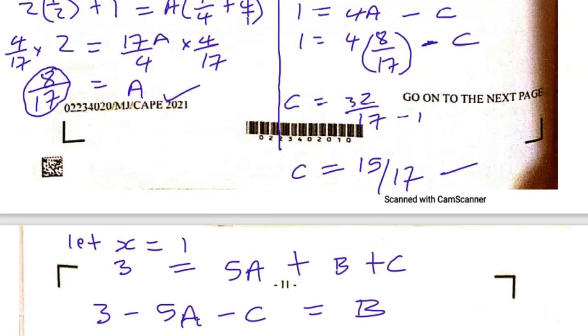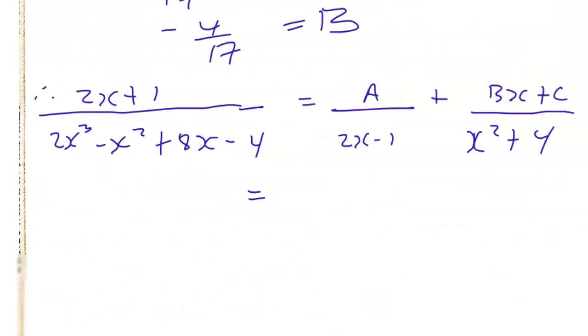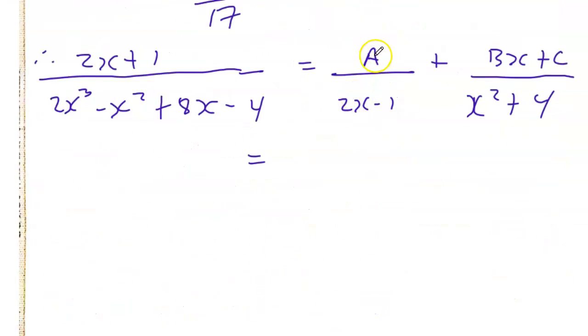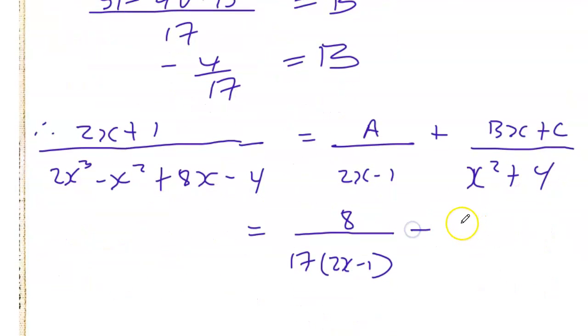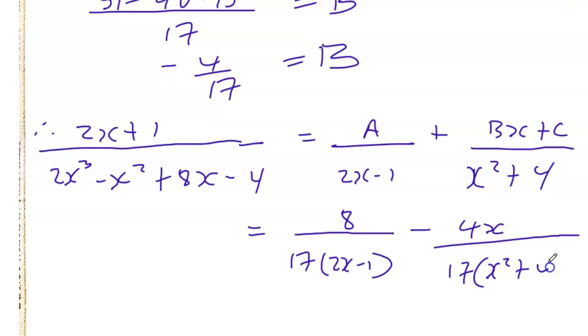So we just found a to be 8 over 17. So replace a with 8 over 17. So 8 over 17, 2x minus 1. And so remember now b and c are both over 17. Alright, and b was negative 4.